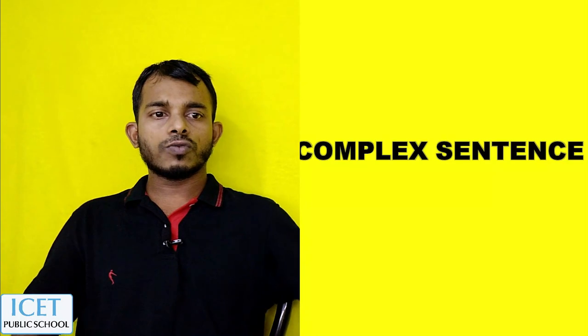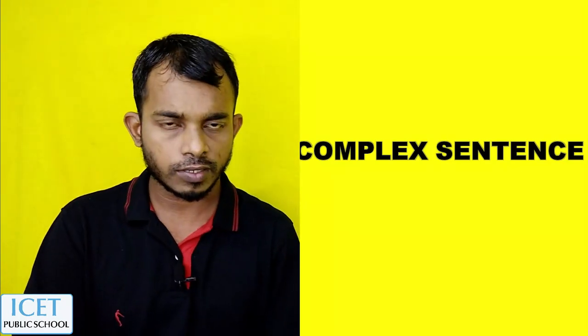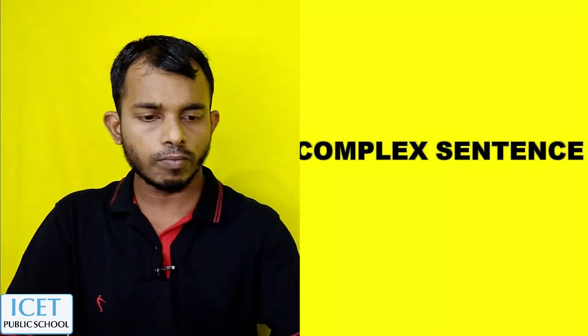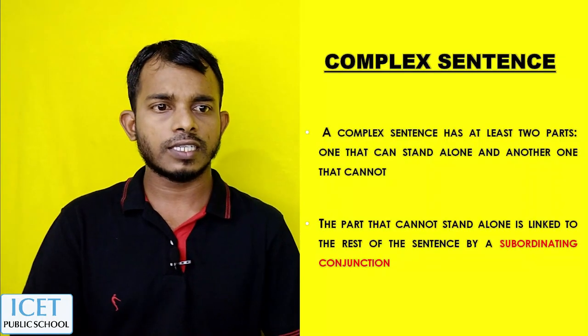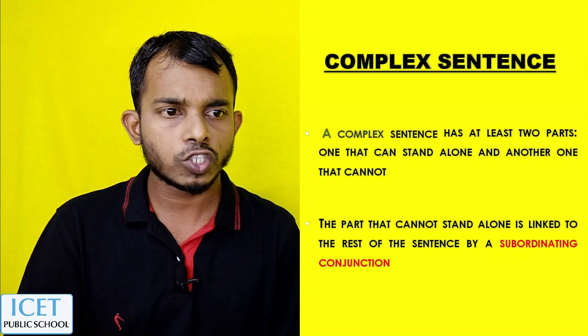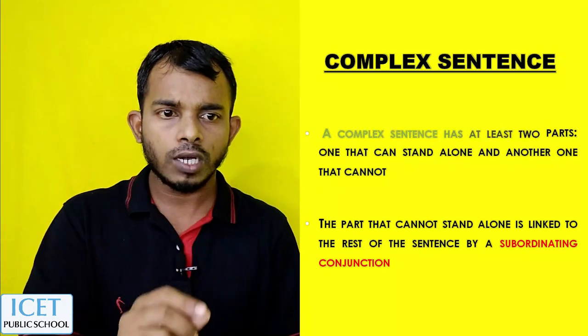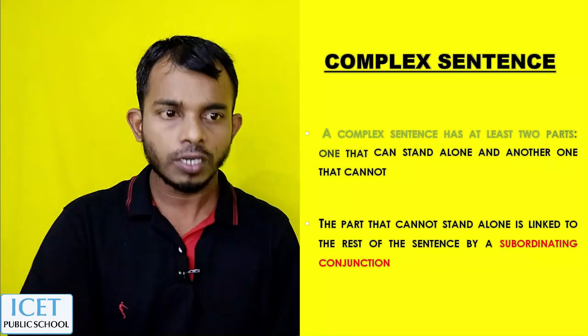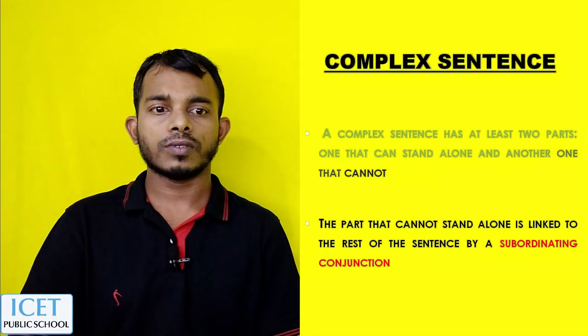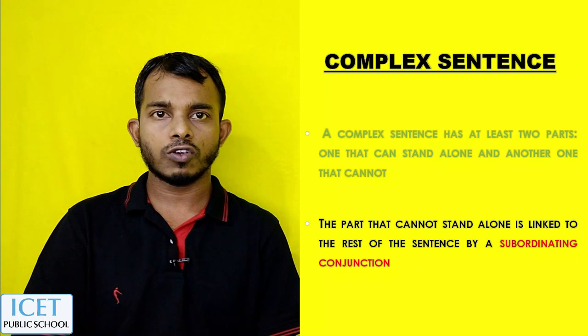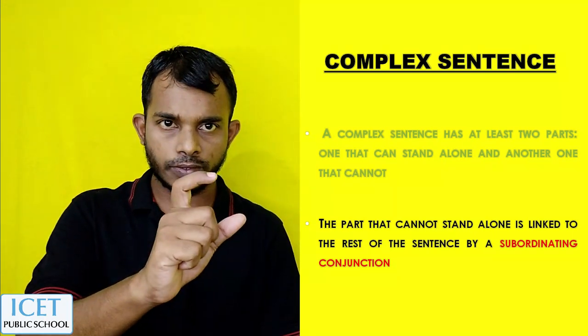Now we are moving on to the complex sentence. This is the third one. A complex sentence has at least two parts: one that can stand alone and another one that cannot. You got it? This is the first point.